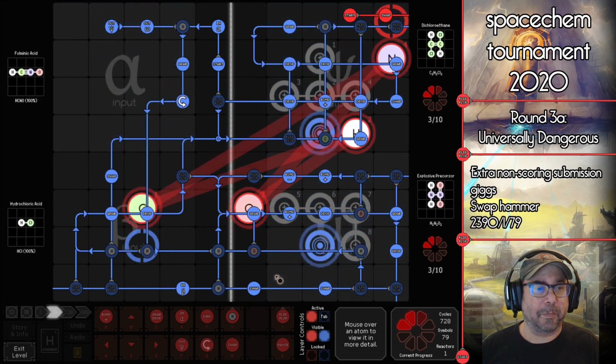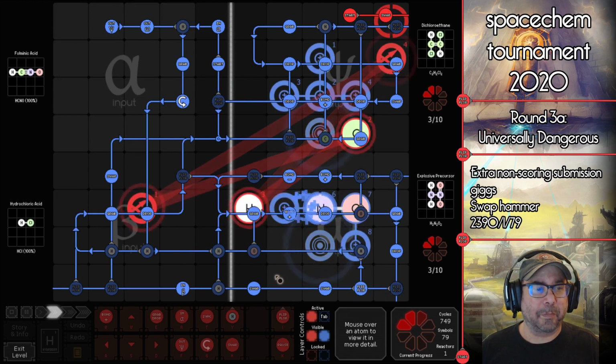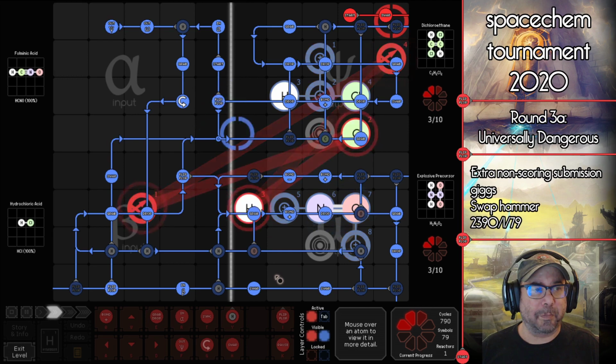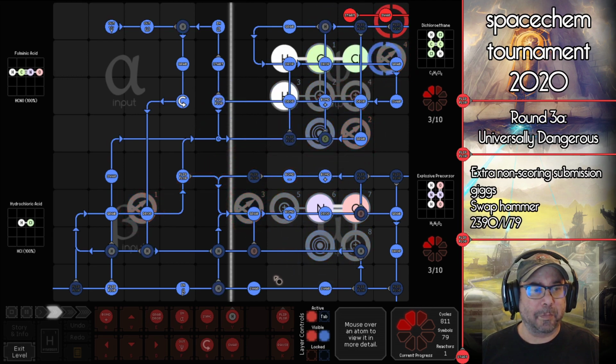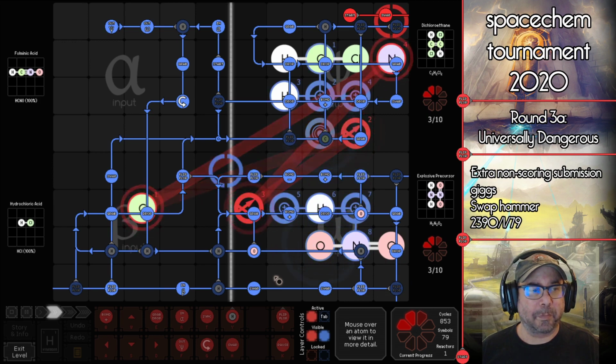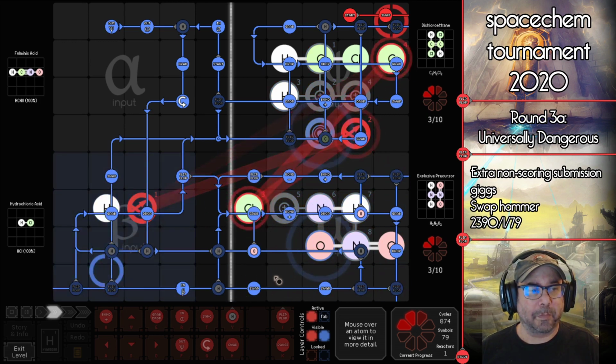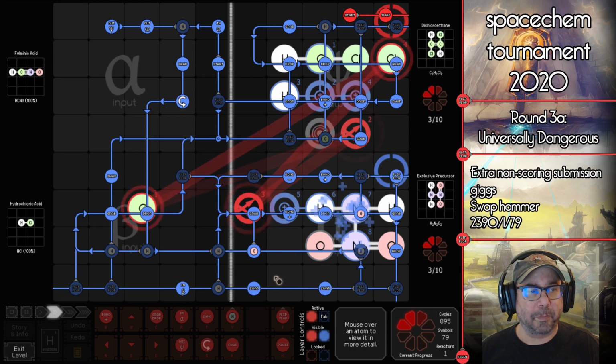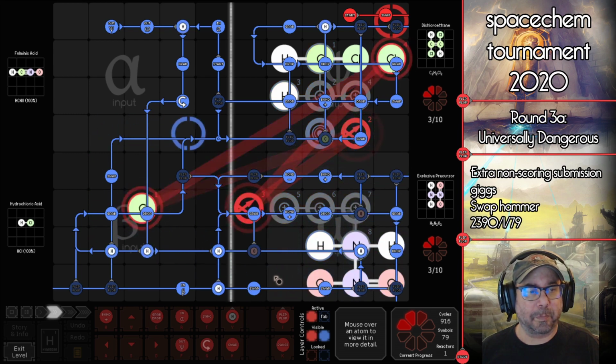But the simplest way to do it would be to make a stick of 3 for the dichloromethane and then a stick of 3 for the explosive precursor first. But with the way that Gigs does it, he doesn't split it evenly, which is kind of impressive.